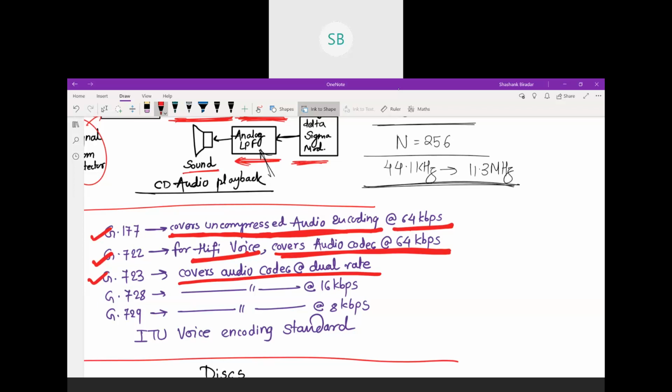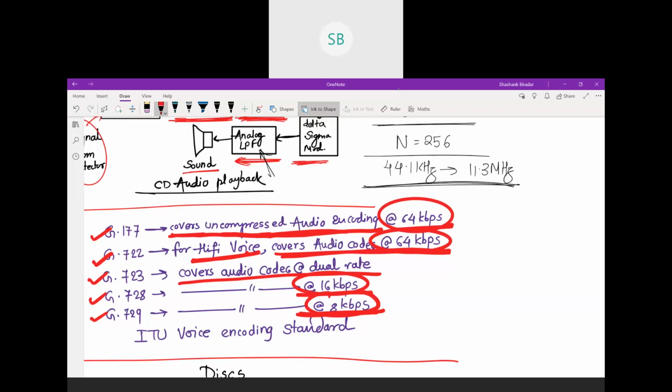G.728 covers the audio codec at 16 kbps. And the last one is G.729, which covers the audio codec at the rate of 8 kbps. So you can find the various ITU standards for voice encoding at various data rates. Just remember at which data rate which technique is used, because this standard is globally accepted.